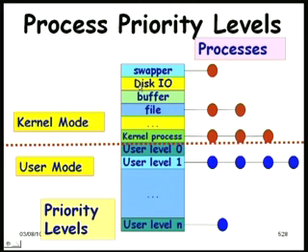We will later understand why this kind of priority arrangement is necessary among the operating system processes. And there are various tasks that are queued at various priority levels. So, this is a basic picture, we will remember it, and then we will elaborate on this as we proceed with our discussion.